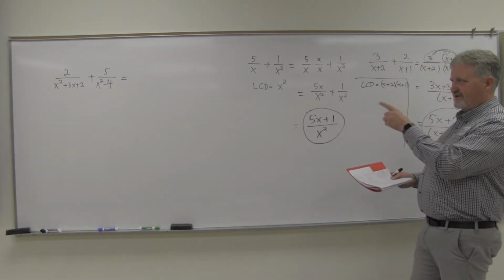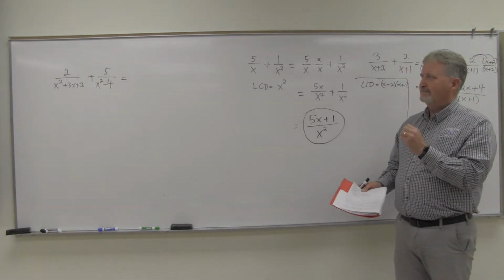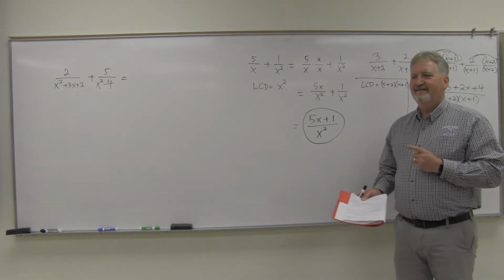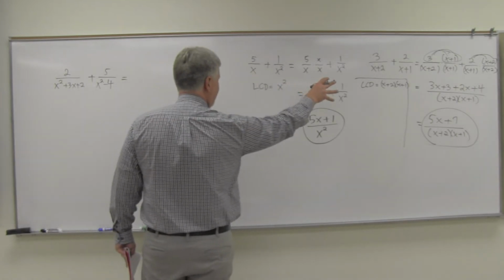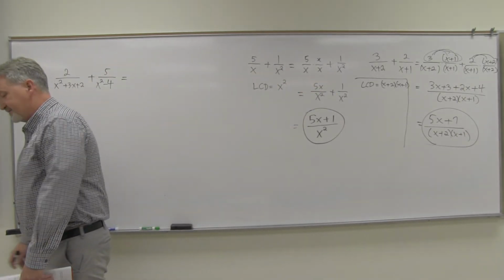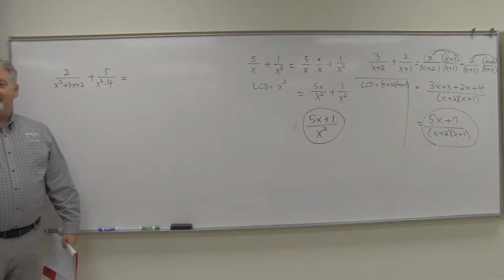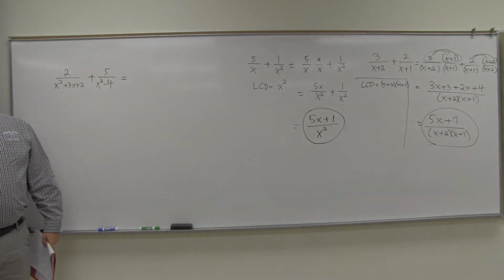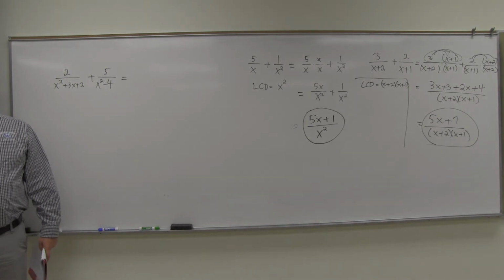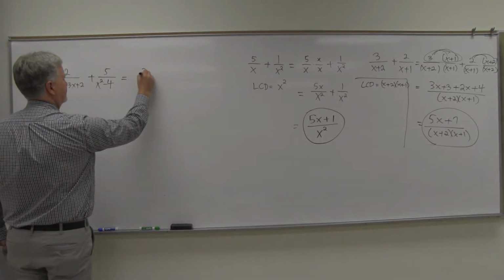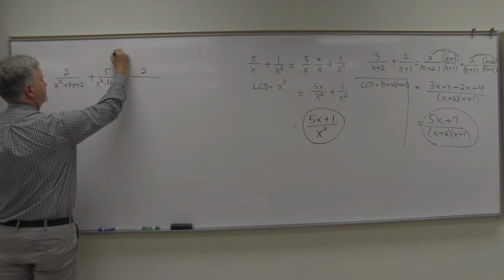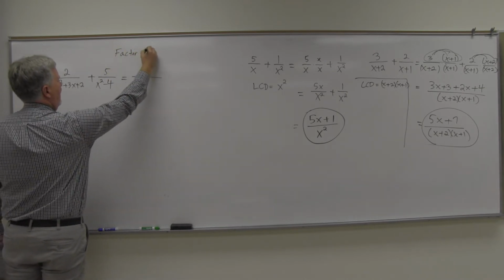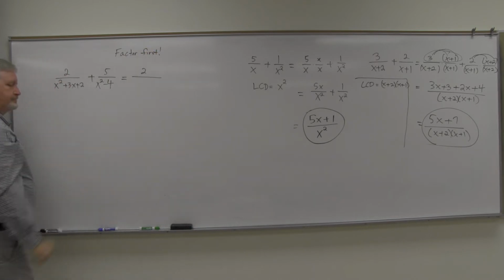Because looking at those denominators there, hopefully you're thinking, those can factor. Now, previously, we didn't have any that would factor on those last two examples. However, the phrase of the day, factor first, applies here too. If you got something that factors, factor that first. So we've got denominators here that factor. Factor first.